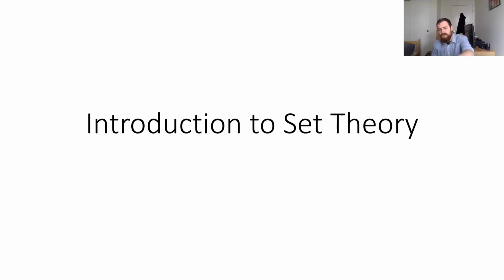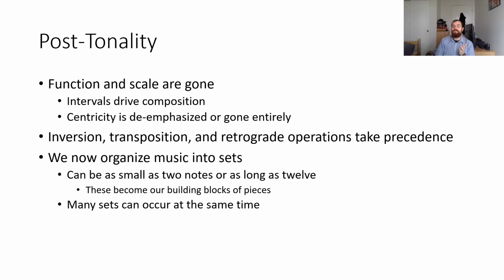So, when talking about post-tonality, function and scale are gone. When we say function, I mean that fa resolves to mi, ti goes up to do, or we think of modulating between different scales, but each scale has its own similar functional quality. These are not necessarily a factor anymore in 20th century composition.